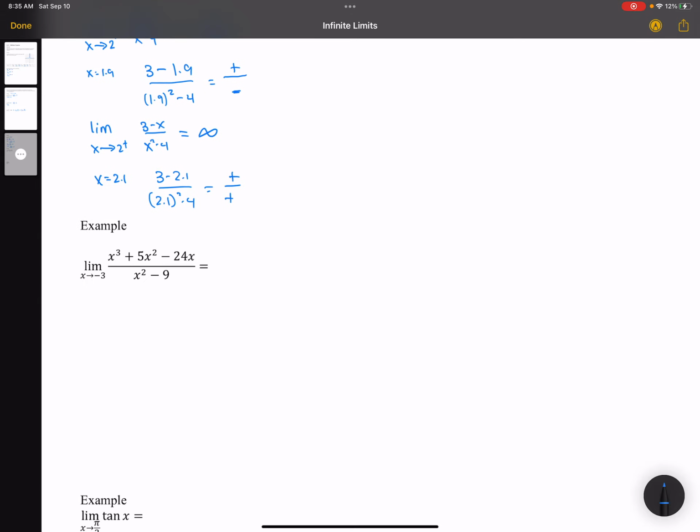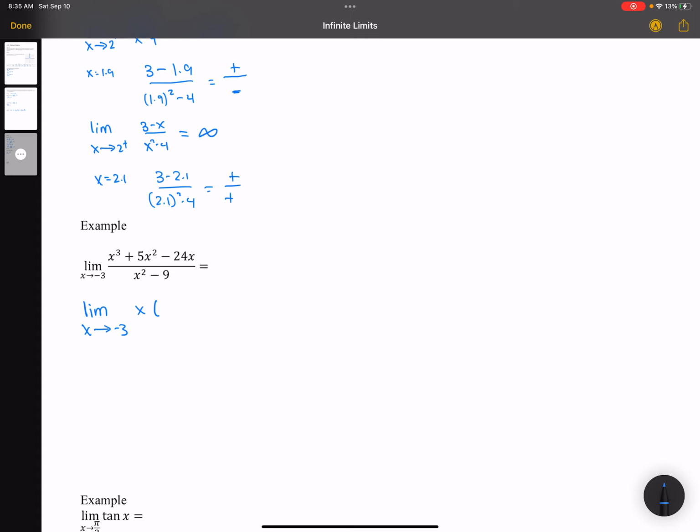Next, we have this function (x cubed plus 5x squared minus 24x) divided by (x squared minus 9). So I would factor this so we can get some sense of what's happening. So we're going to factor this to get the limit as x approaches -3. And we can factor an x out of the numerator because it is the greatest common factor.